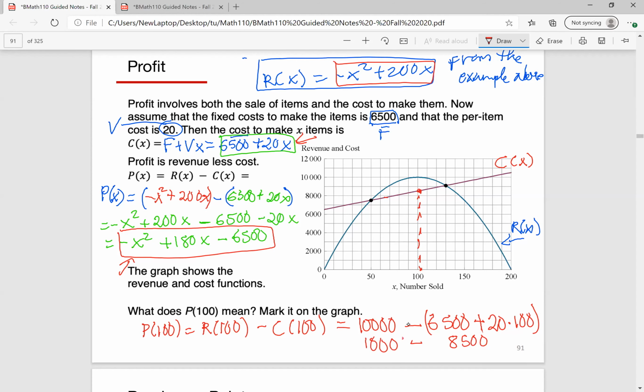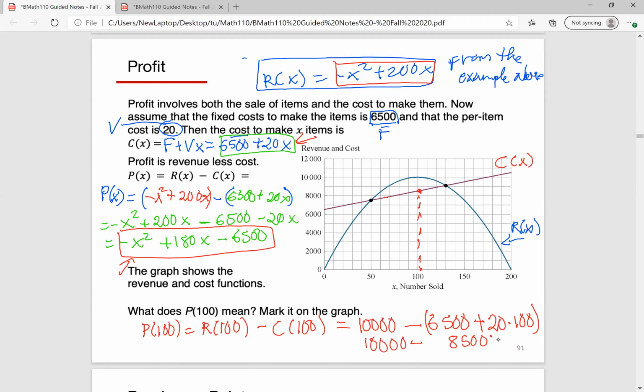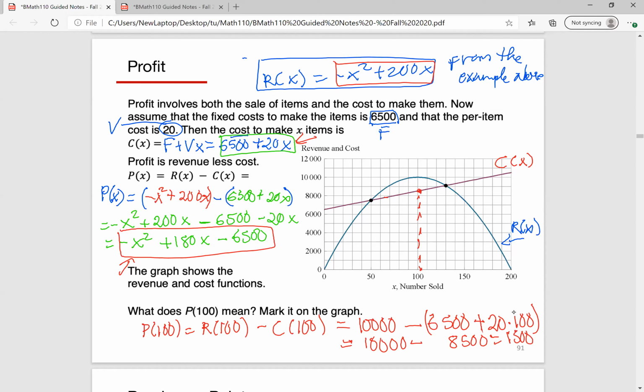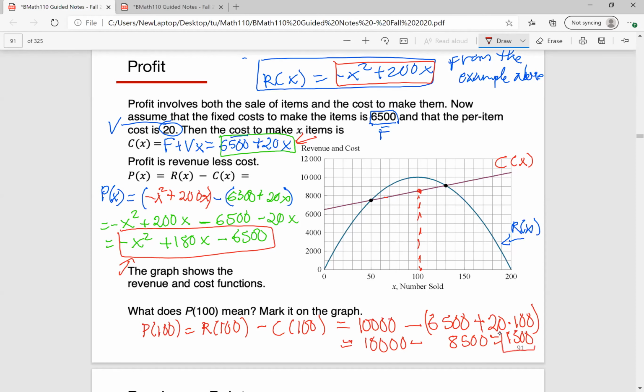So 10,000 minus 8,500 will be equal to 1,500. And you can circle this as the answer.